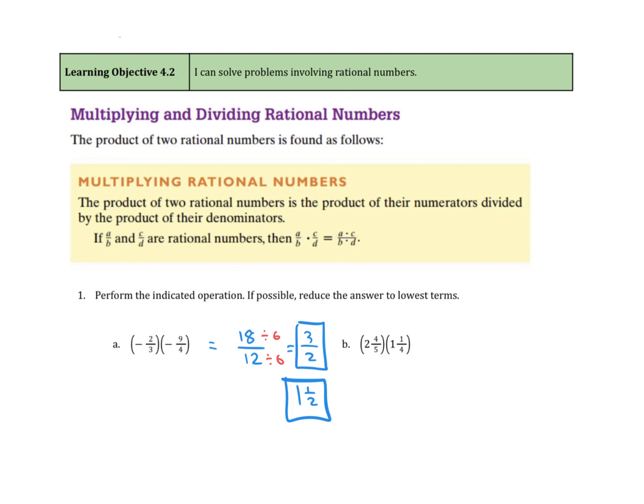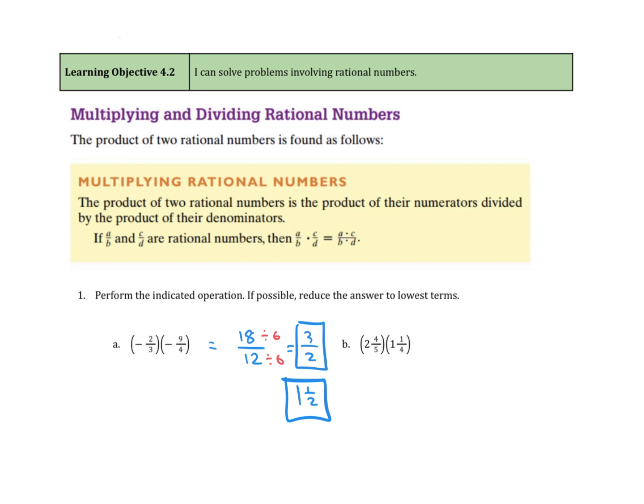Now, there's a trick with multiplying fractions that can simplify your numbers ahead of time and you don't have to reduce at the end. It's called canceling. If you have a number on the top and another number on the bottom that have a common factor, you can divide those numbers by their common factor ahead of time, and that will give you smaller numbers.